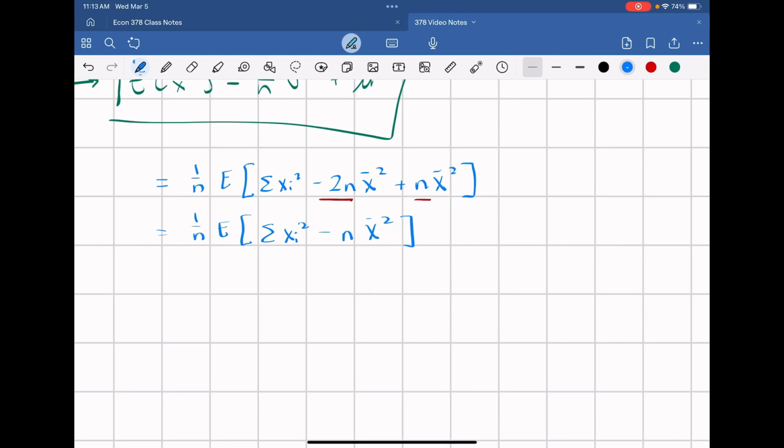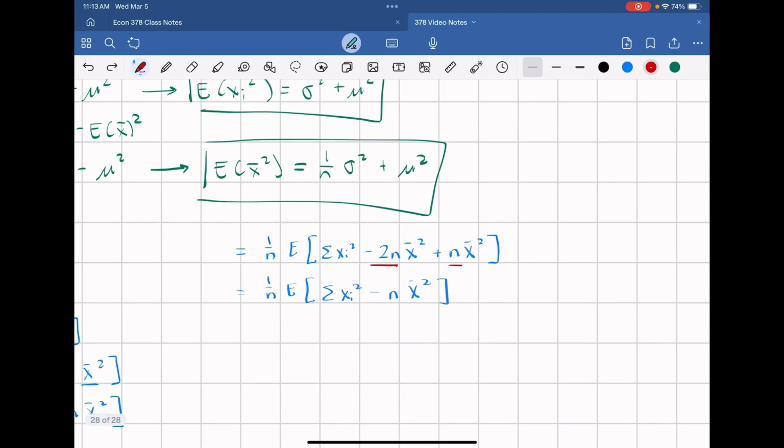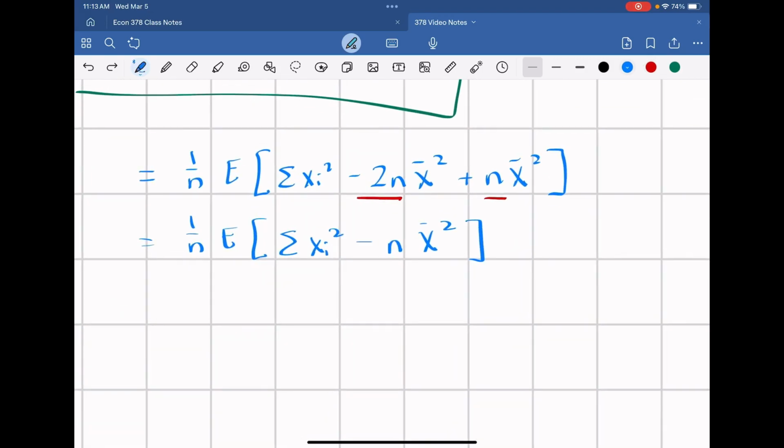Now with this, let's go look at our tricks. Before we do that, let's do one more line and then we'll use our tricks. This is equal to 1 over n summation of the expected value of xi squared minus the expected value of n x bar squared.